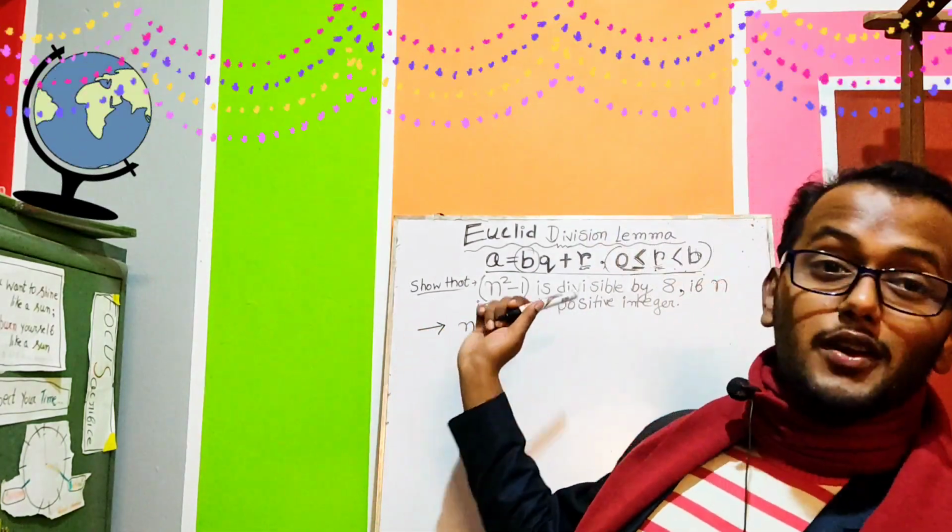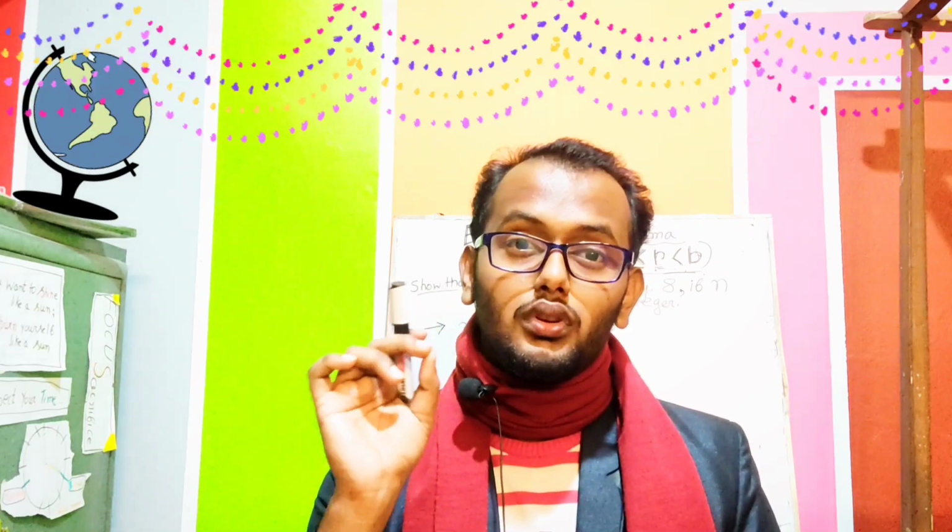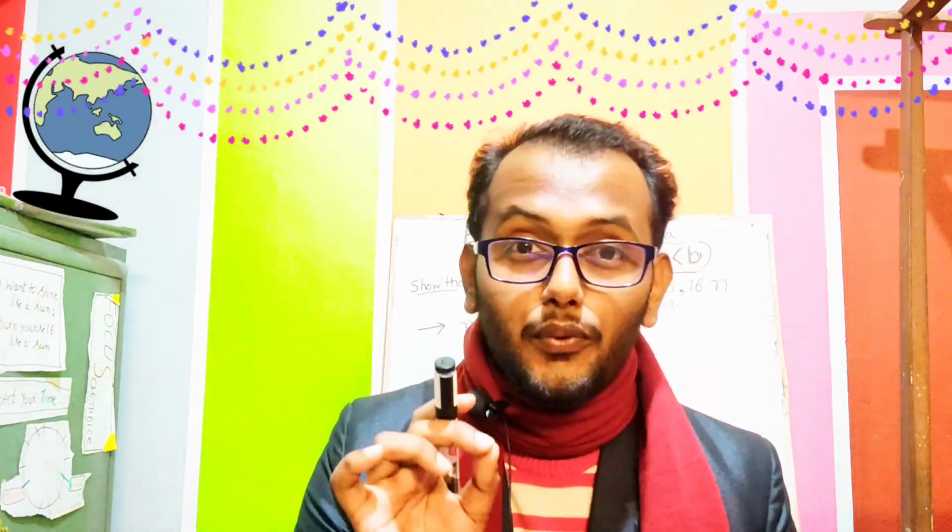Now in the question they have said any odd positive integer. So if we put r equal to 0, it will become even, because 4q is divisible by 2. If you put r equal to 1, then it is odd, because 4q plus 1 is not divisible by 2. If we divide 4q plus 1 by 2, we will get 1 as remainder.